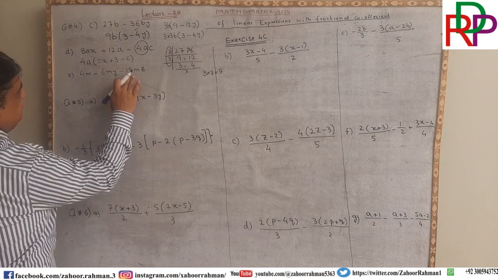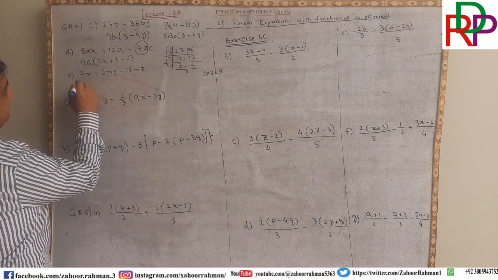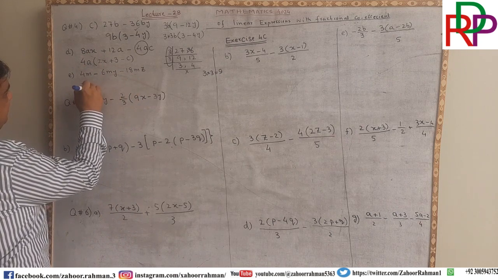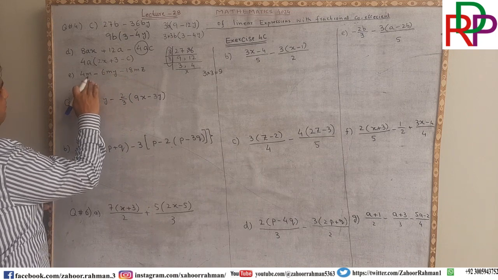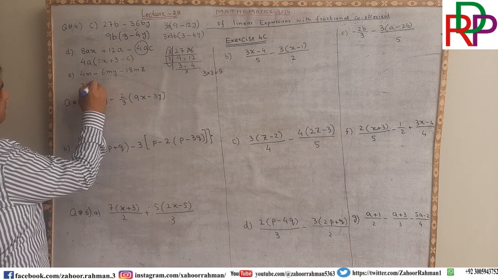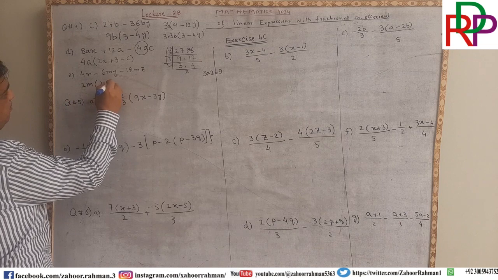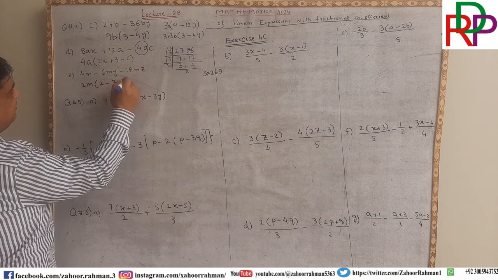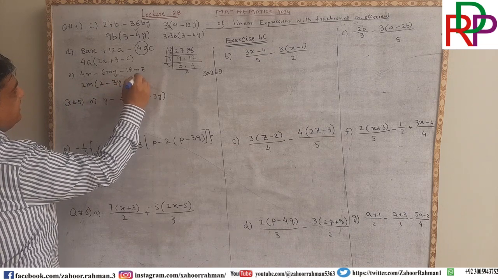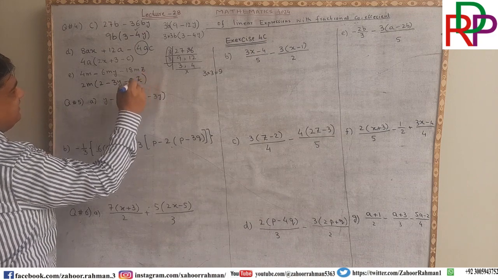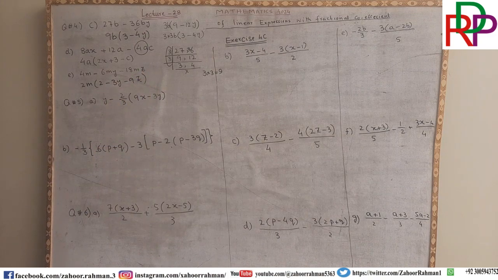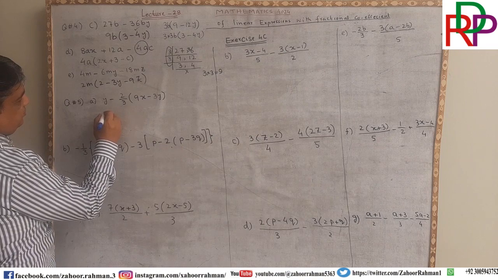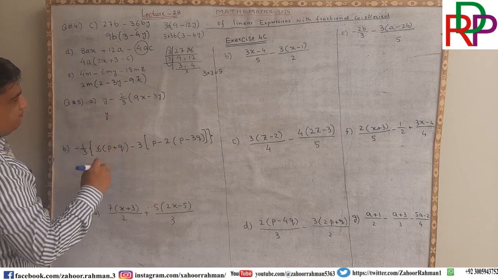Here the common is 2 and m is also common. So 2 minus 3y minus 9z is the answer. Now here you have to do one step more.